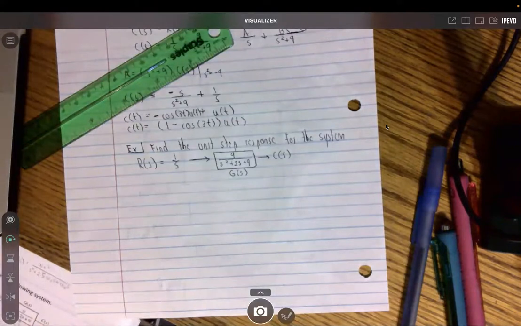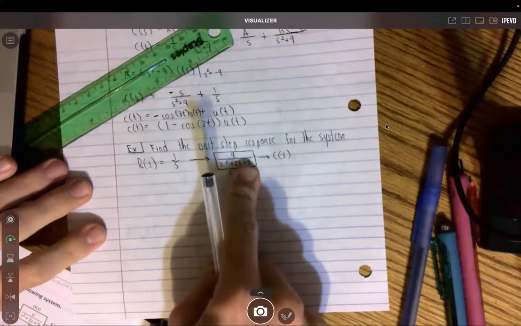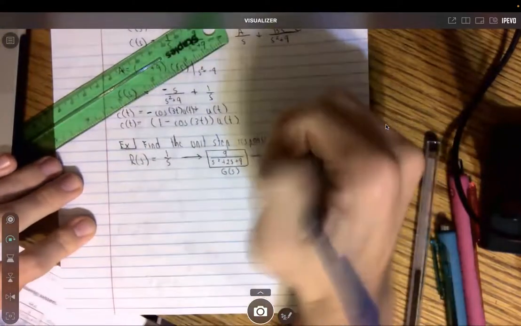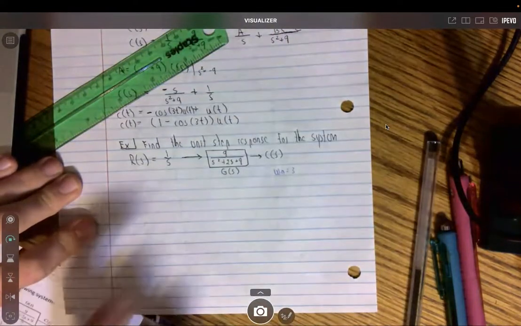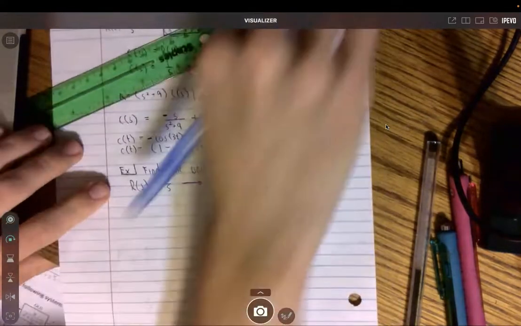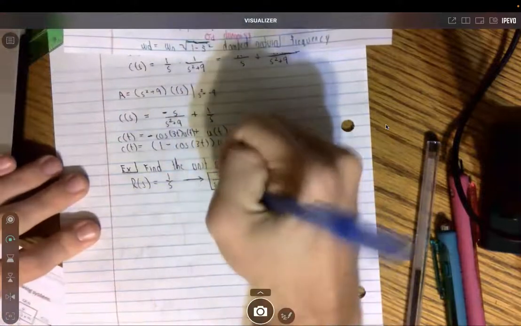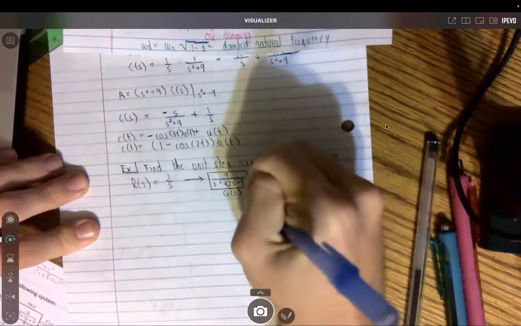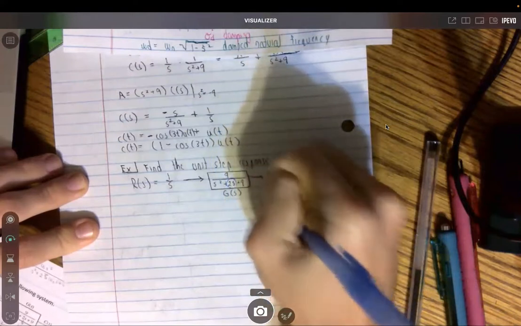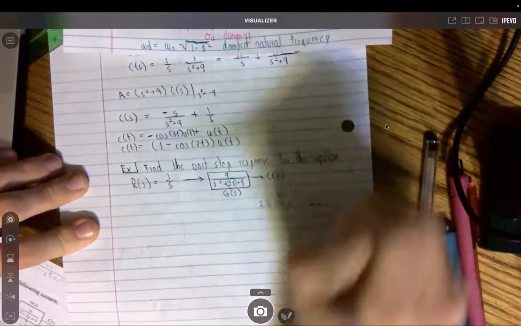And what we're going to see is, if we're to solve for this, remember, omega n is the square root of the constant. So omega n must equal 3. And then we have in here, recall, from our second order system, this is 2 zeta omega n s. So right here, 2 zeta omega n s is going to equal 2s.